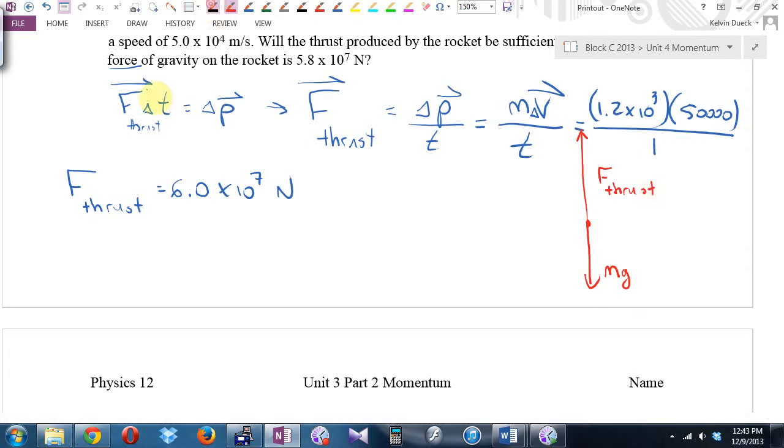You know what? Let's find the acceleration here. So this is going to be thrust minus gravity equals ma. How would I get the a by itself?